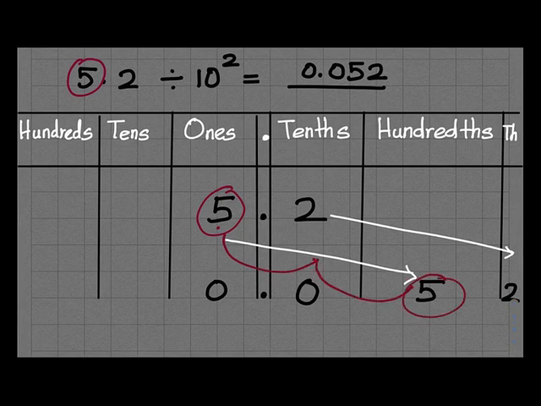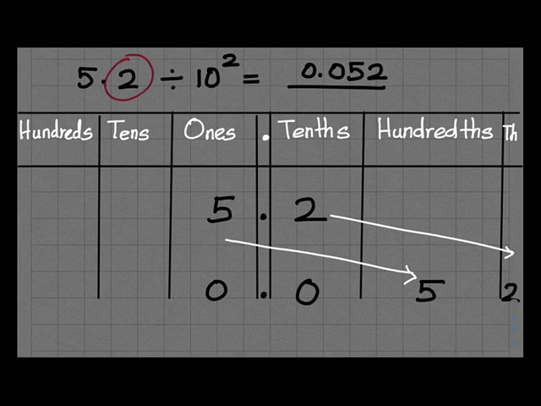Now the 5 is right here in the hundredths column. And 2 is in the tenths place. When divided by 100, this 2 in the tenths place moves 2 columns, 1 column and this is the second column to the right, and now it is in the thousandths place.